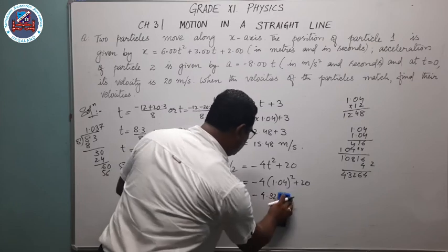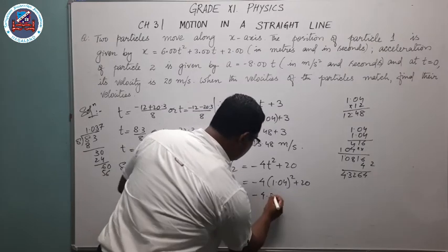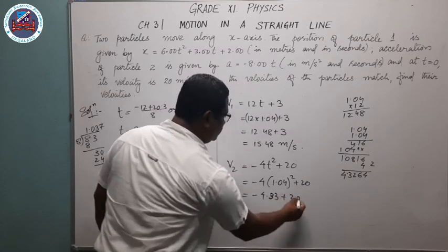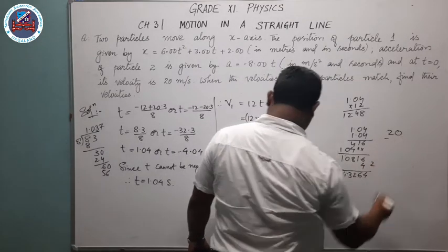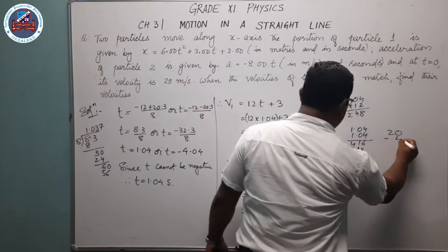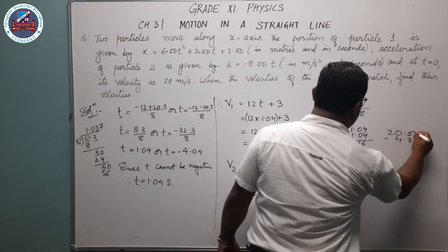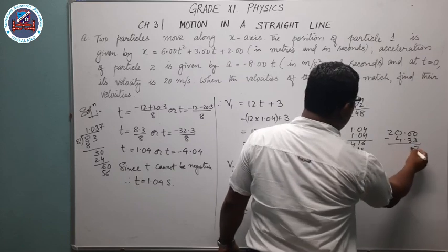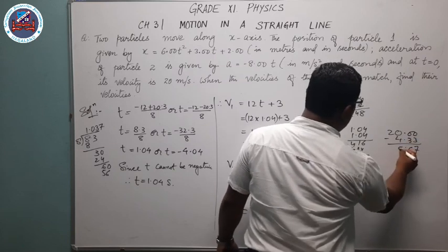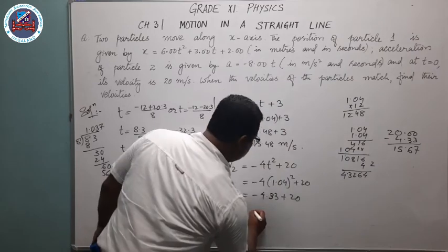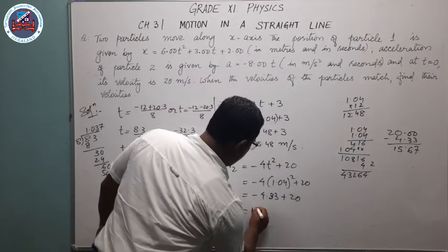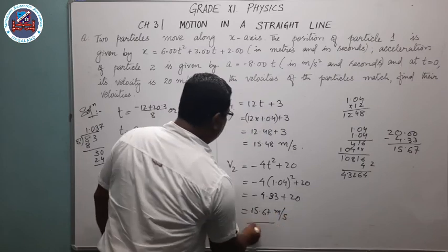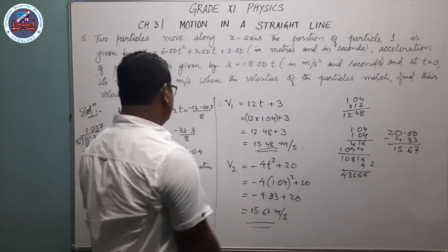If I round off to 2 digits, it will become minus 4.33, plus 20. Then 20 minus 4.33 gives 15.67 meter per second. You can see here they are very close to each other.